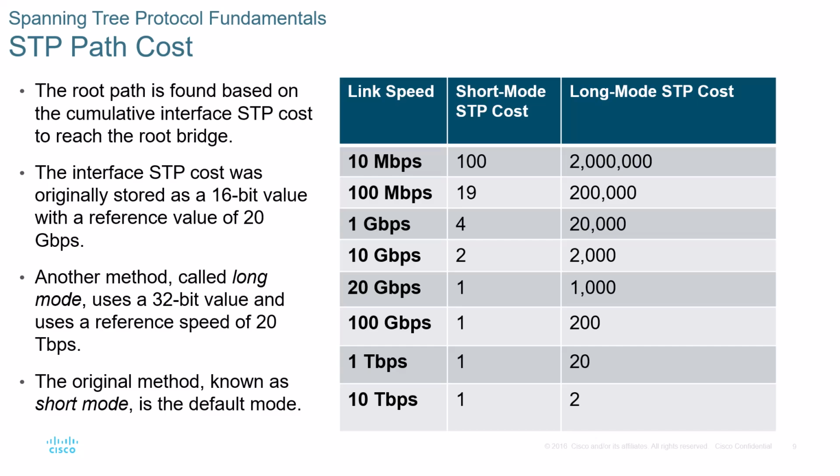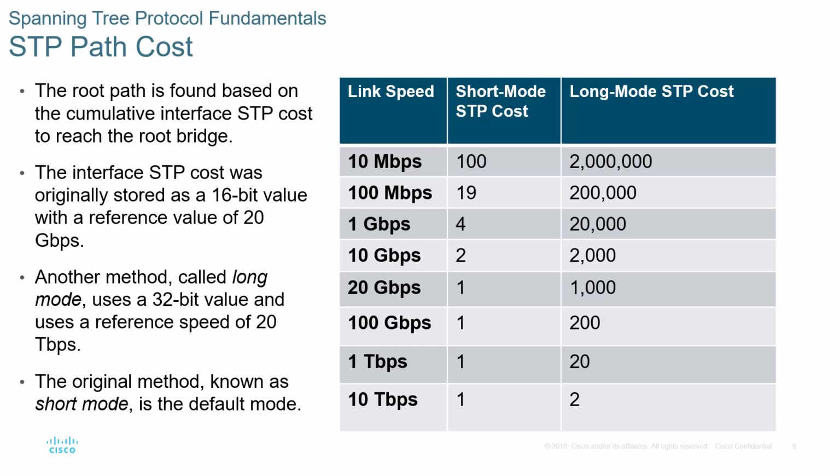In reality, this impacted things as we moved forward. So we got the long mode cost, which is a 32-bit value and uses a reference speed of 20 terabits per second. That way, we have a better way to address the link speed.